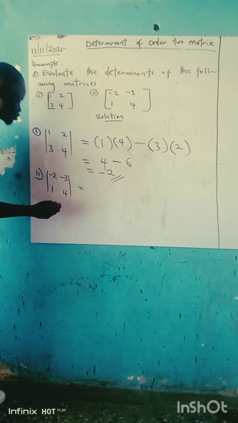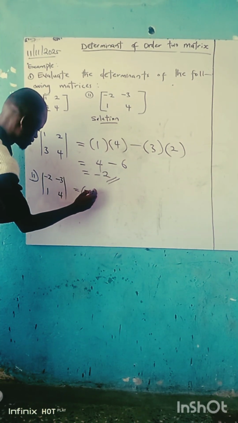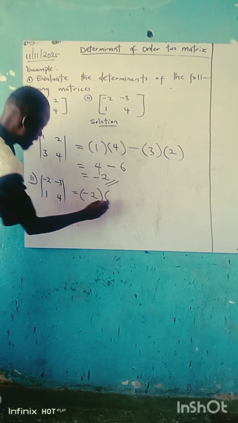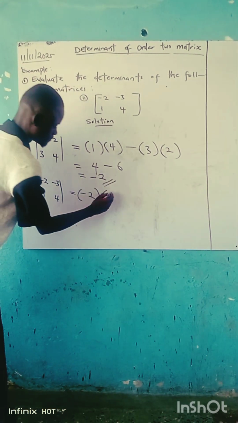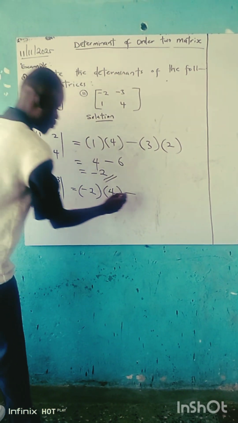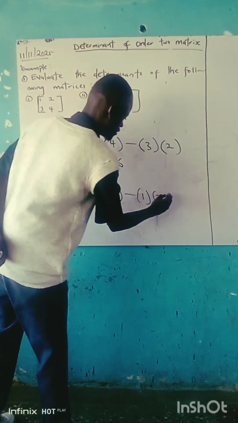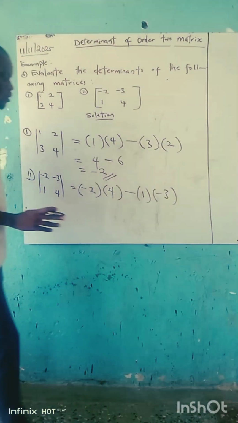This will be equal to, take this one, which is minus 2 multiplied by 4, then subtract 1 multiplied by minus 3, in that order.